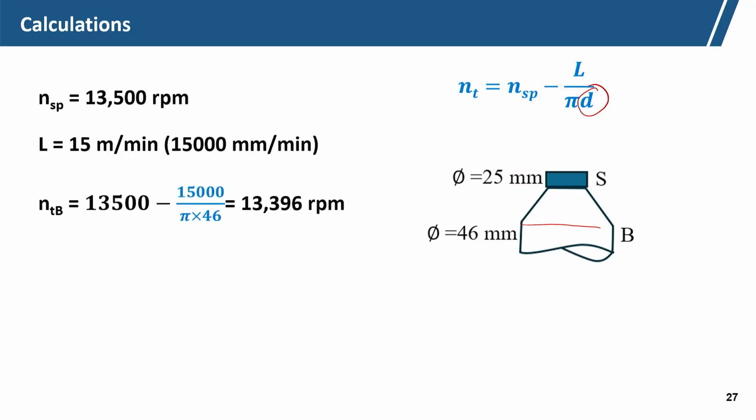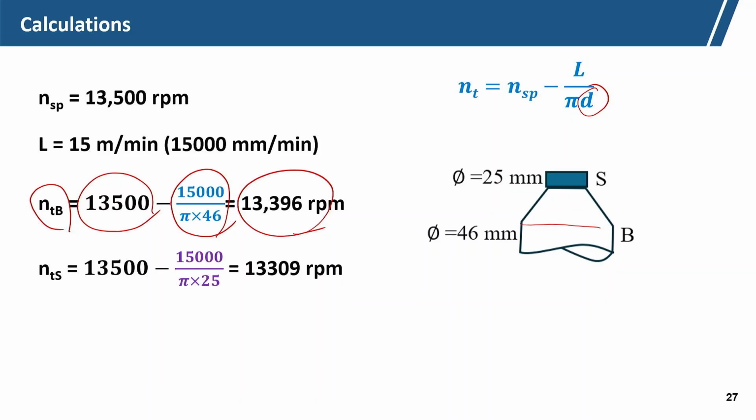Now, here we can see the traveler speed with this data at the bottom is 13,392. That means it is lower than the spindle speed. That means we are reducing the twist with reference to the spindle speed by this much RPM. So, what is that RPM? We will calculate.